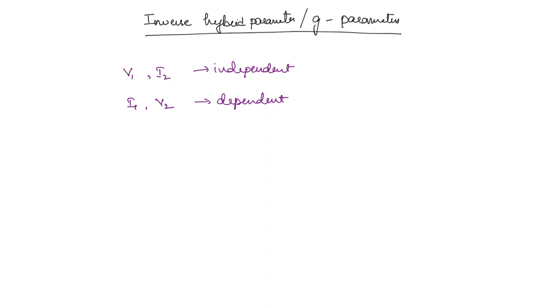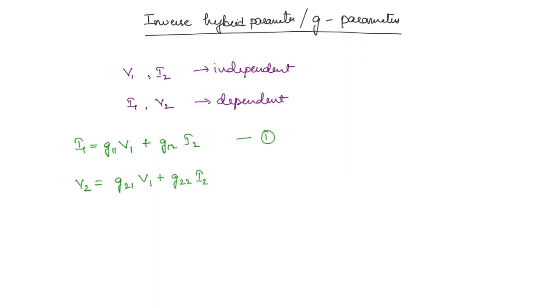Okay. So now we can write the equations here. The first dependent variable I1, we will write as G11 V1 plus G12 I2, and the next dependent variable is V2, which is G21 V1 plus G22 I2.